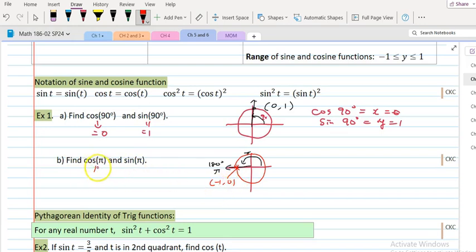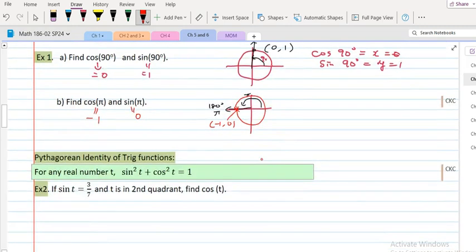Cosine is equal to -1. Sine, the y value, is equal to 0. So for these 4 points, I would be able to find sine and cosine of 90, 180, 270, 0 degrees, and 360 degrees, or any angle coterminal to those, because I can read off the x and y. So basically, that's what we do for those quadrantal angles.